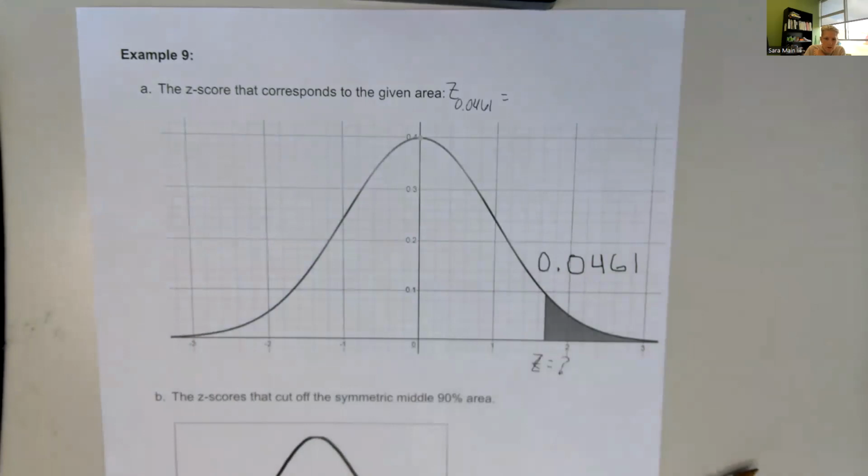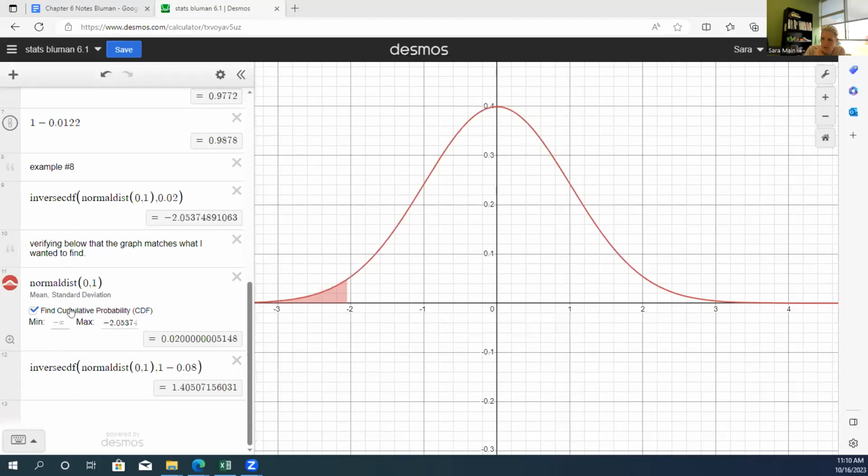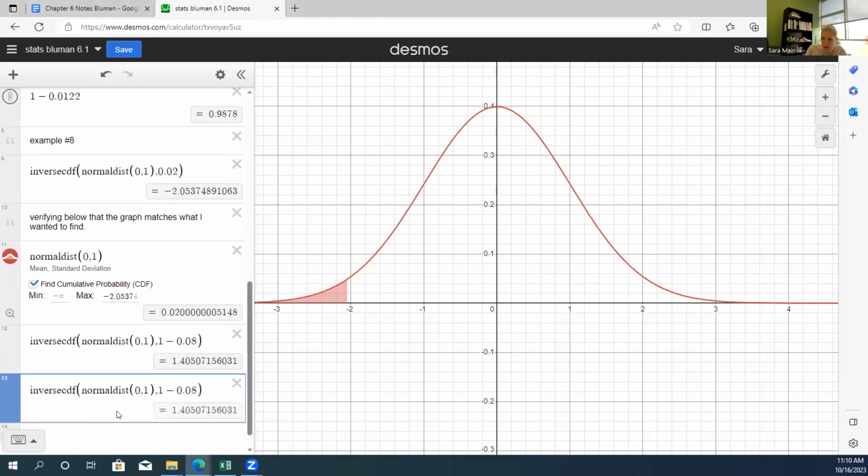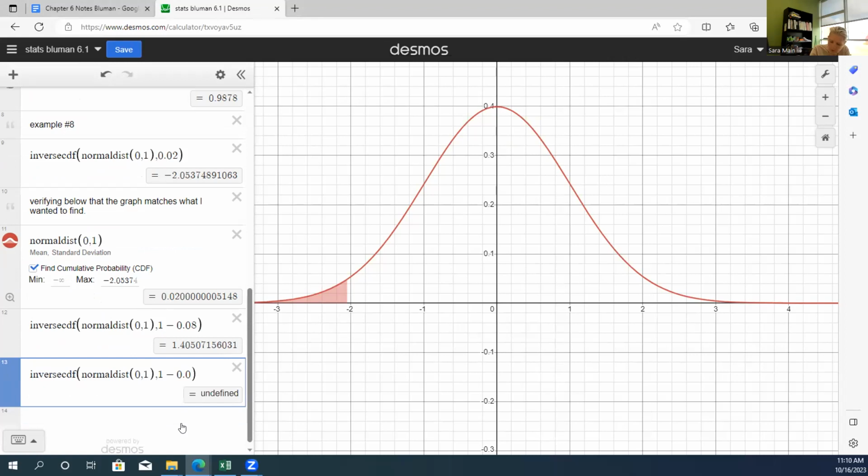Let's go back to Desmos, and I'm going to copy this inverse CDF. I'm going to paste that here. And because we are given area on the right, we have to say 1 minus that and type that in, and we're given a z-score of 1.68.